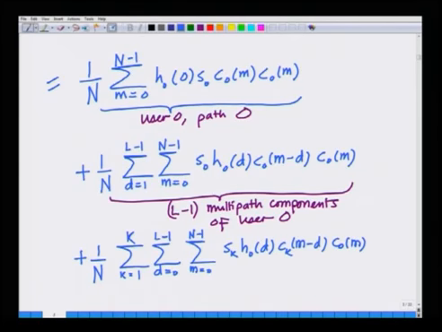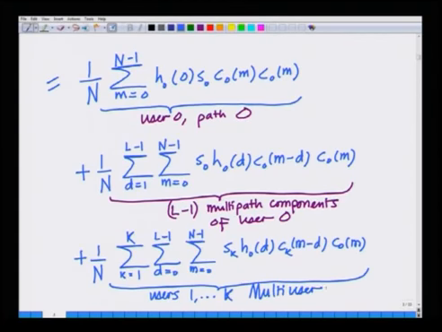This is nothing but the KL components of the interfering users. Look at this, we only have users from k equals 1 to K, that is all users other than the 0th user, who is the desired user that we are considering. Hence, this is the multi user interference. This is from users 1 up to capital K, and this is also the multi user interference.